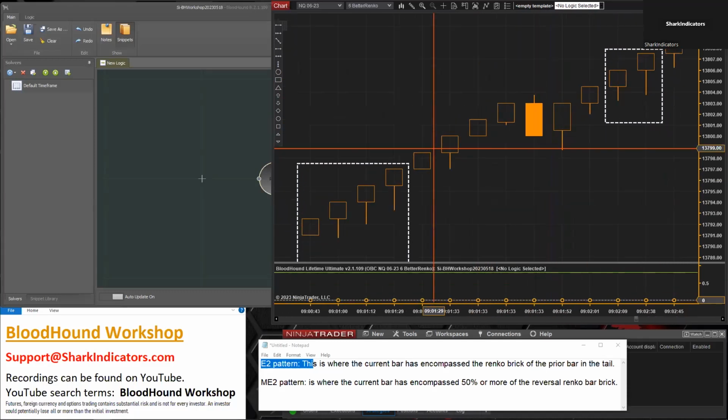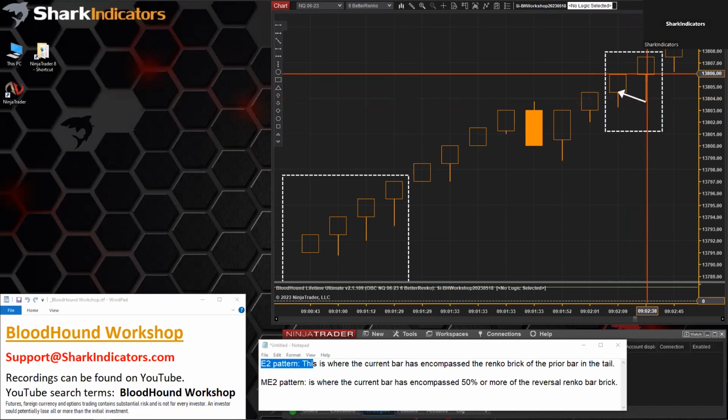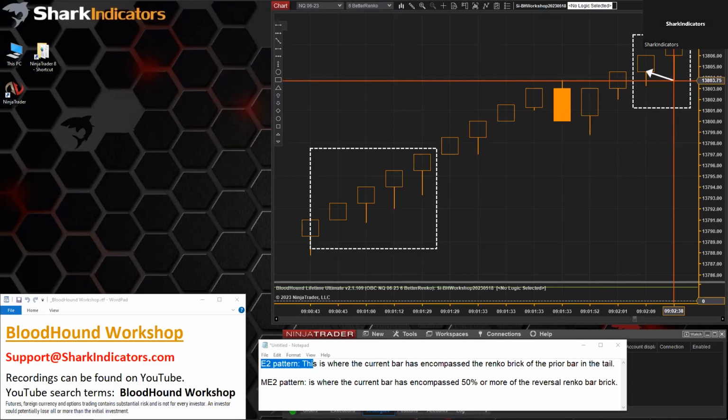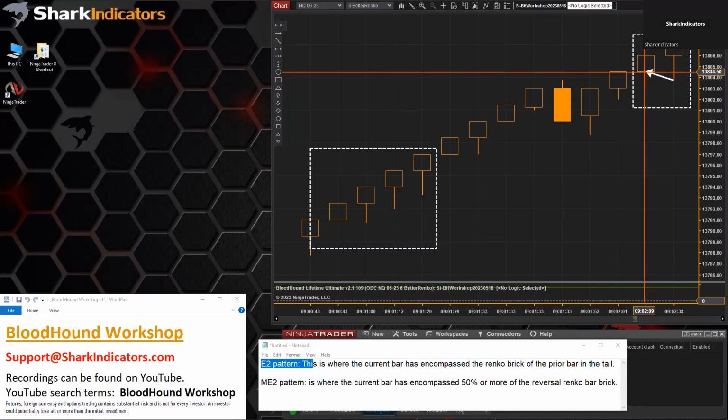So we're comparing the wick of the current bar and making sure that the wick, or in other words, the low price, is below the open of the previous bar, right? So the brick would be the close and the open price, right?